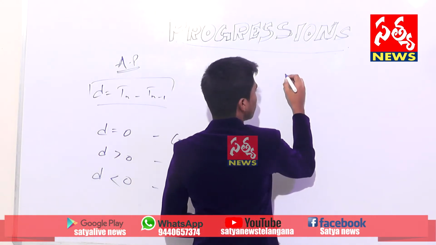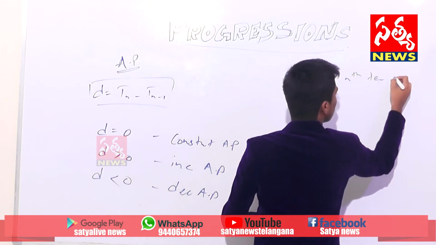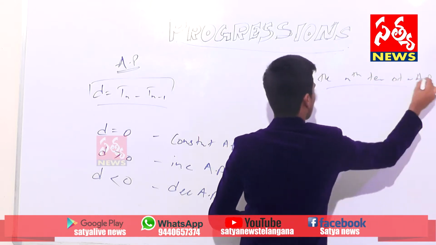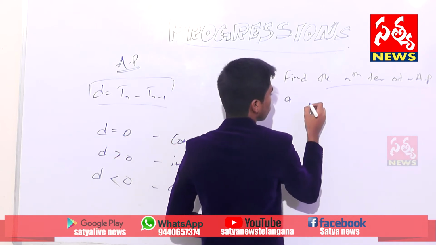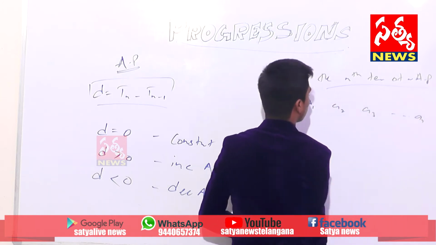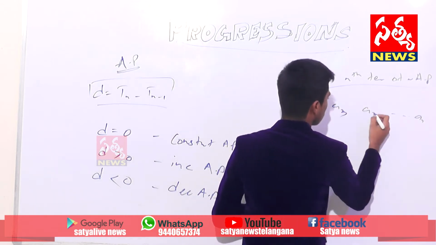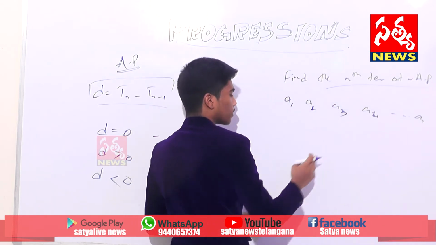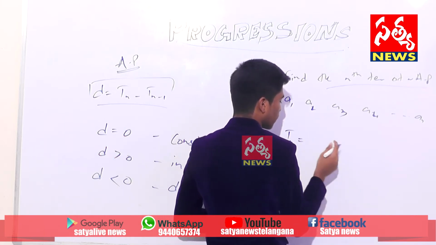Next is finding the nth term of an AP. Suppose A1, A2, A3, and so on, An are the terms. How to find the nth term? Let Tn be the nth term.